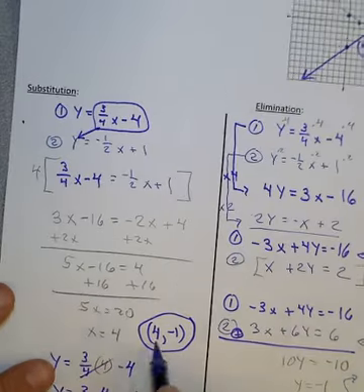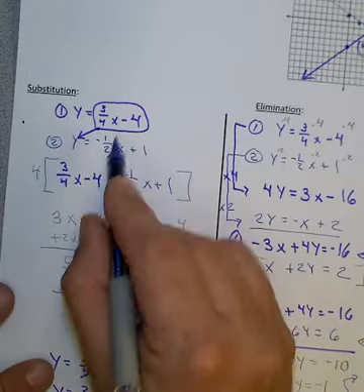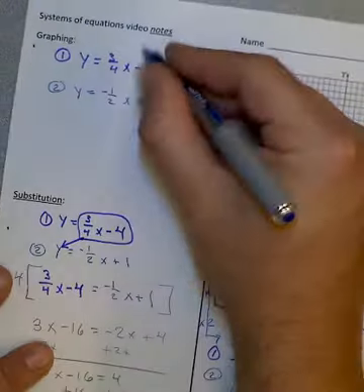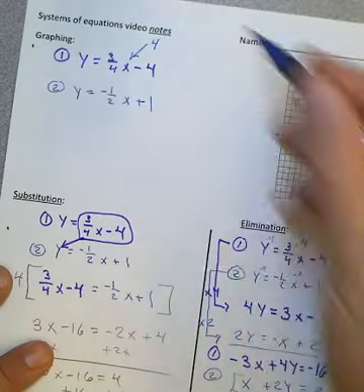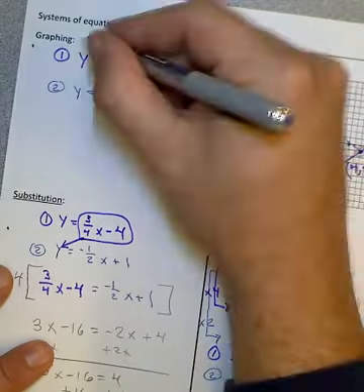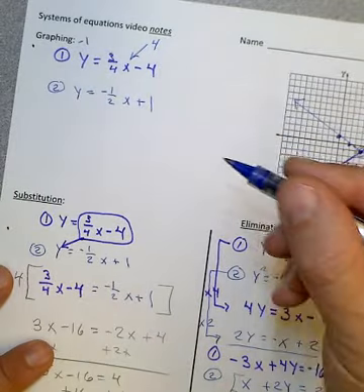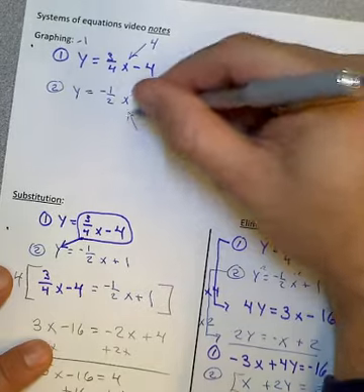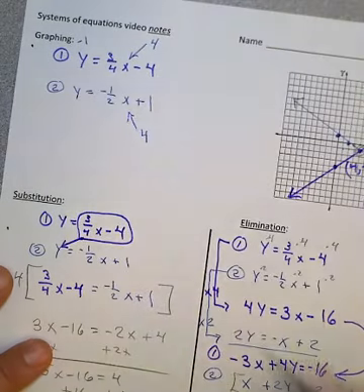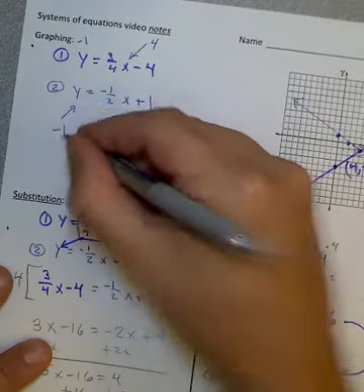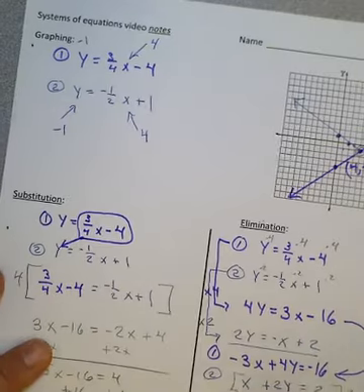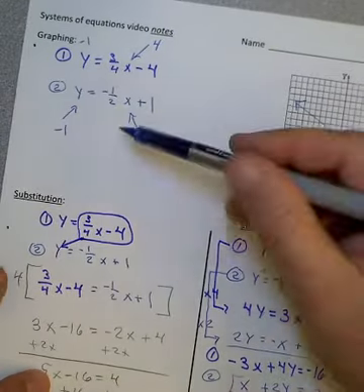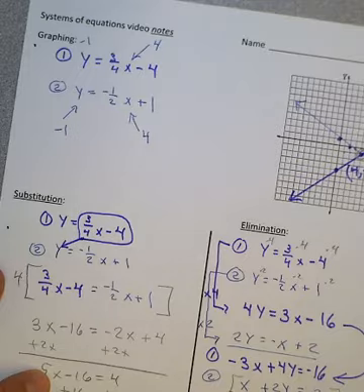If you plug 4 back into the original equation, when I put 4 in, the y value better be negative 1. And when I put 4 into the second equation, the y value better be negative 1. If it does not work when you plug it back into both equations, you have the wrong point.